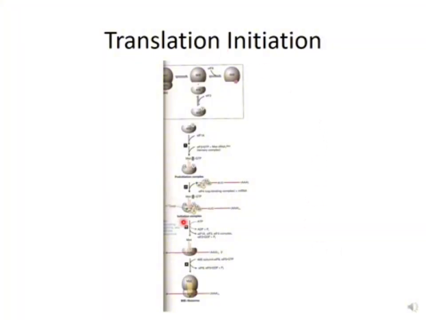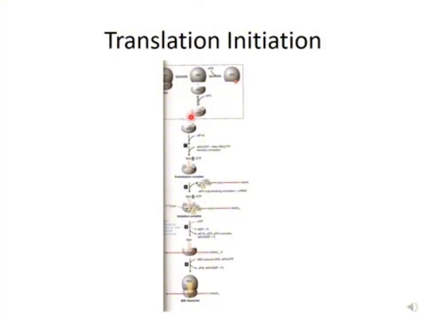This is the general outline of translation initiation, and we are going to go through it one step at a time. But in general, if you notice, the 60S and the 40S subunits are not attached to one another at the beginning of the translation process. The 60S subunit is bound to EIF6 to prevent it from binding to other subunits.